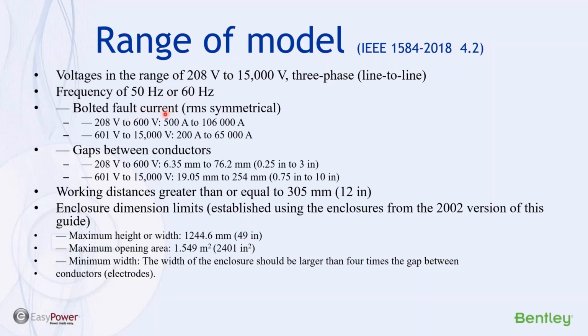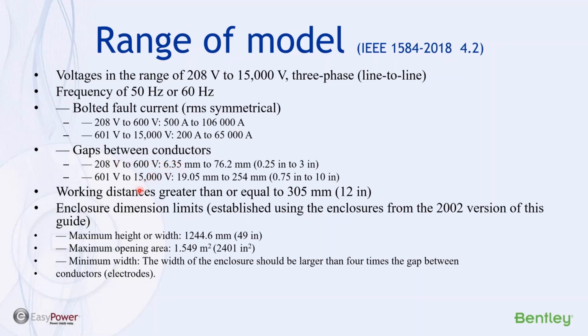Voltage fault current RMS, there's two ranges: for low voltage, 208 volts to 600, and then for medium voltage, 600 to 15,000. And those are specifically capped for a reason. Likewise, the gaps between conductors has a specific range in the model.